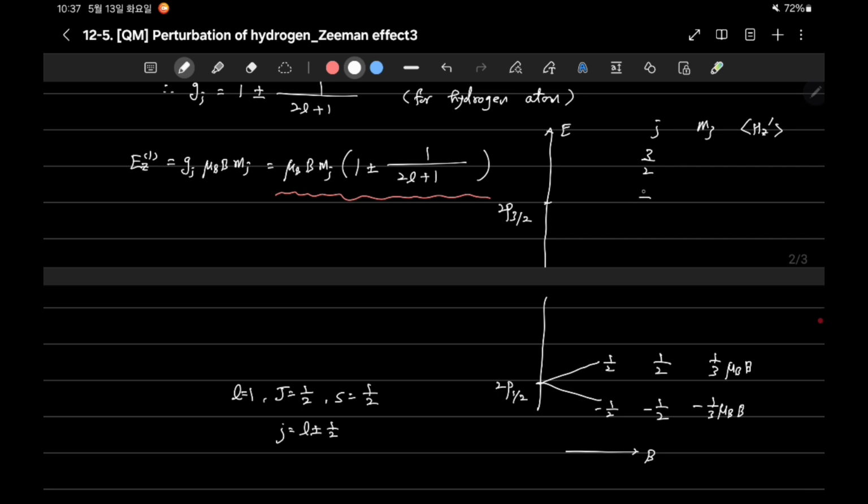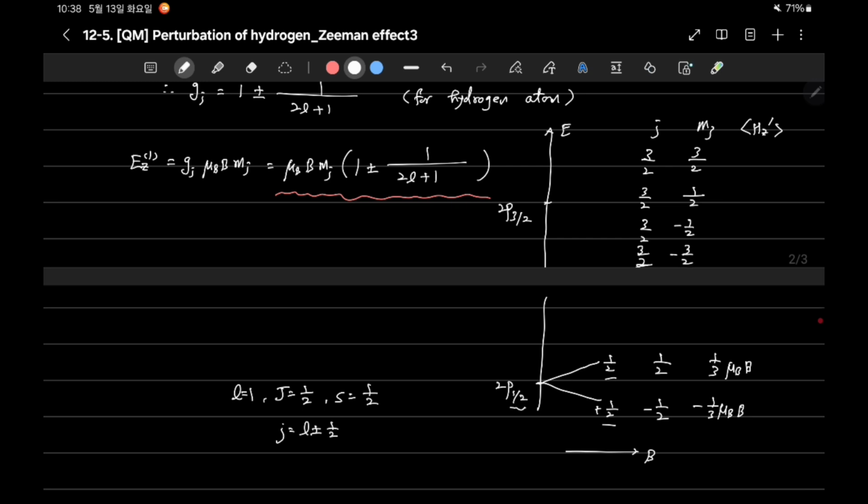I'm sorry, J is always 3/2 here. Then m_J is 3/2, 1/2, minus 1/2, minus 3/2.